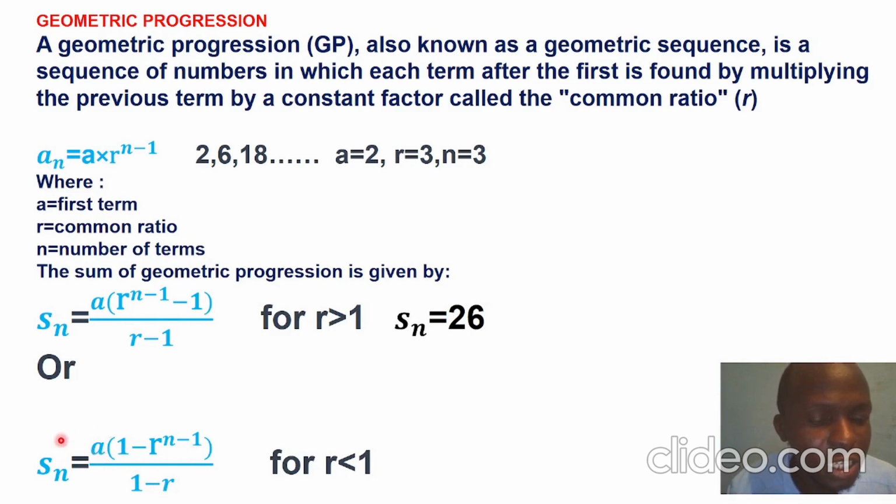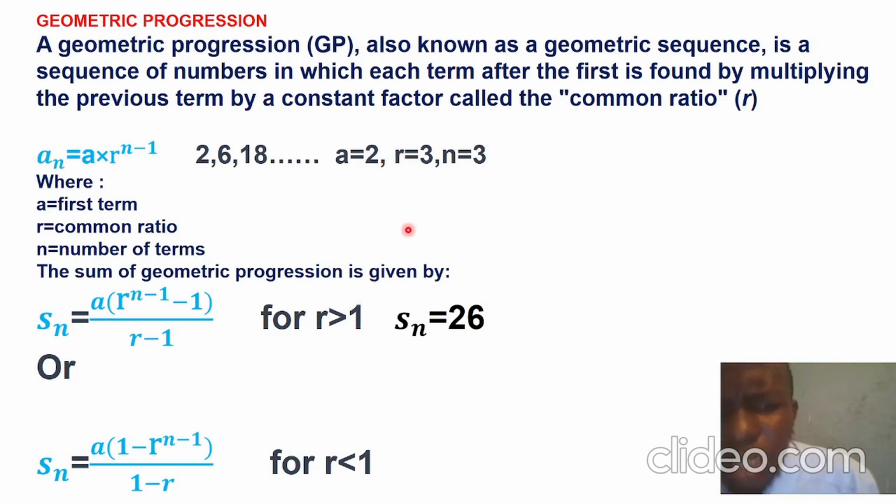So that is the difference when r is greater than 1 and r is less than 1. You can as well use this formula to verify whether you're going to get 26, bearing in mind that the value of r is greater than 1, because in this case r is 3.